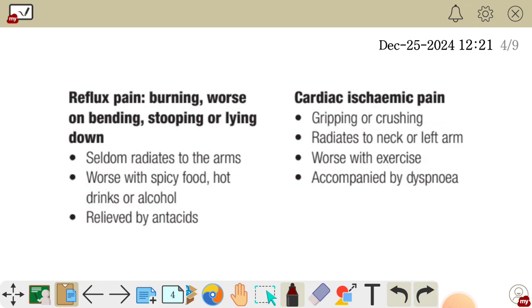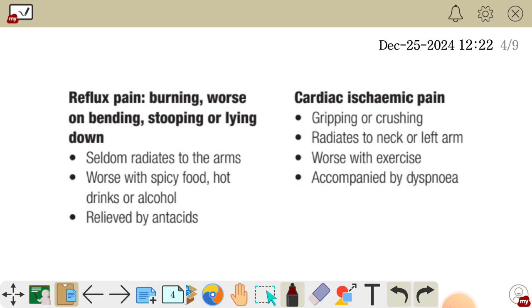Then, the reflux pain is worse with spicy food, hot drinks, or alcohol. The patient will explain, saying, when I drink alcohol or hot drinks, the pain worsens. And it is relieved by antacids.